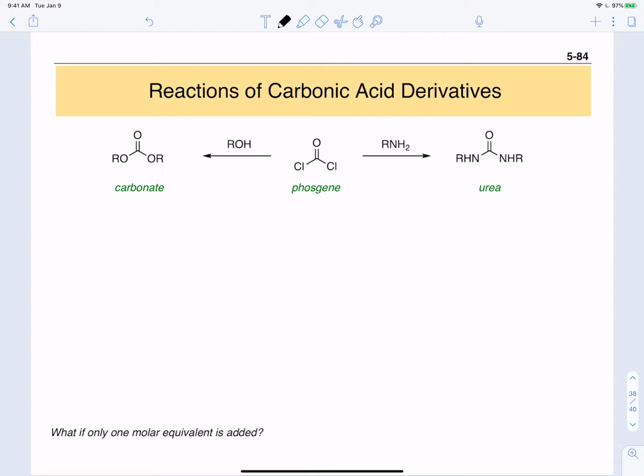So now we can probably imagine having similar types of reactions with things like phosgene. And we also have this added question: what happens if only one molar equivalent is added? This is fairly interesting. If we imagine having phosgene react with an alcohol, this is going to proceed just like we've seen in the past with reactions of acid chlorides. Phosgene is even more reactive than your average acid chloride, as these chlorines are certainly electronegative and will take electron density away.